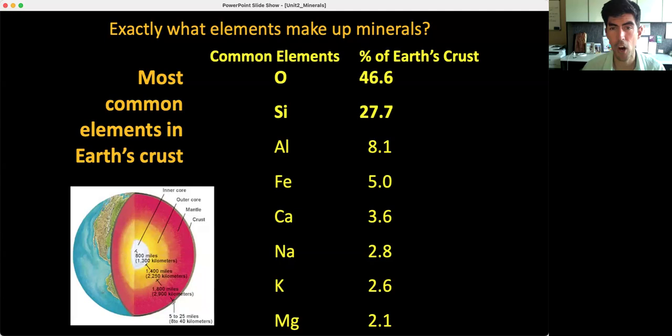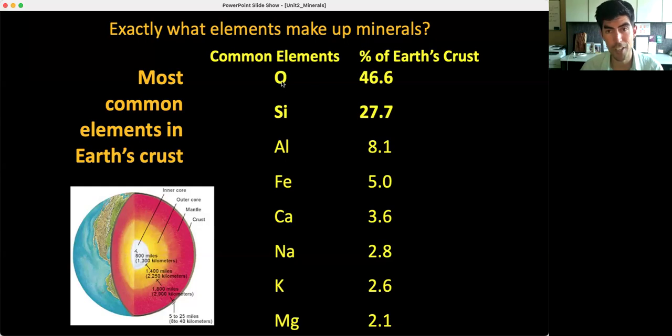We looked at the composition, or what the material is made out of, for the crust as well as the mantle. When we consider the crust, that uppermost layer of the Earth, there are several elements that we'll want to keep in our minds. The first two are the most common elements in Earth's crust, and they account for almost 75% of it.